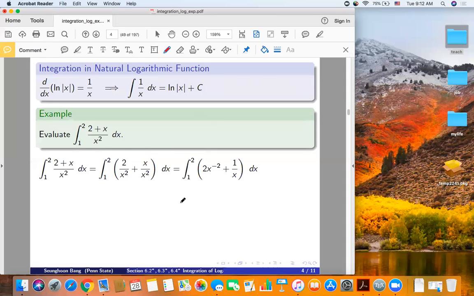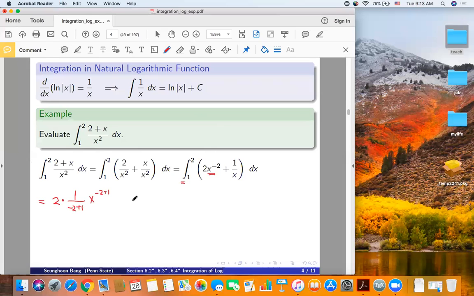Next, to find the antiderivative, how can you find it? You keep the coefficient 2. What is the integral of x to the negative 2? We can use the power rule: 1 over negative 2 plus 1, x to the negative 2 plus 1.